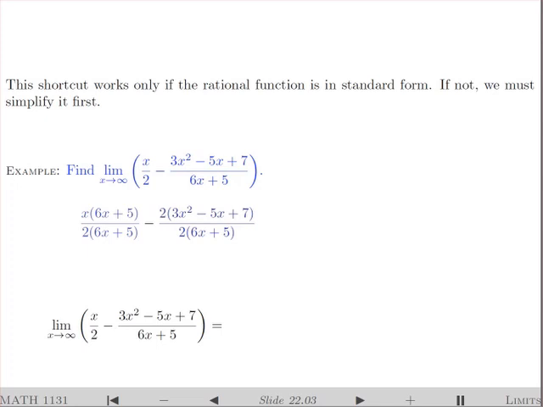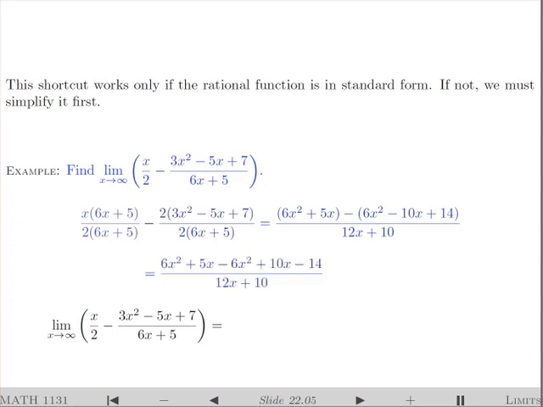Now I'm going to combine the two fractions. Since they have the same denominator, I just do the subtraction in the numerator. Before I do that, I need to distribute the x and the 2. And I should also distribute the minus. So in the end, I get 6x squared plus 5x minus 6x squared plus 10x minus 14.